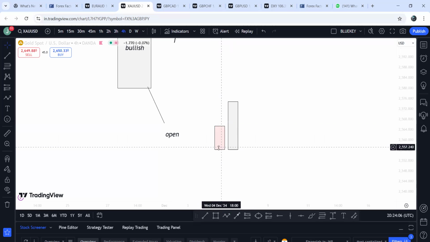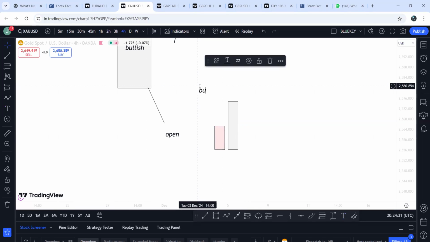At some point, it stopped selling, then it started buying. And the moment we spot an engulfing candle, it shows us that there is momentum in the market. It shows us that the buyers are ready to take over the market because they have engulfed the last selling candle on an area of interest. Are you following? So this is what we call a bullish engulfing candle.